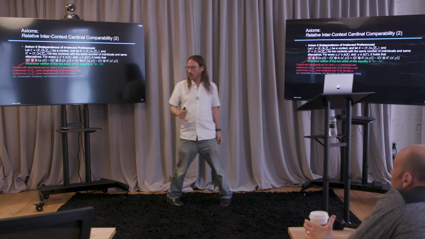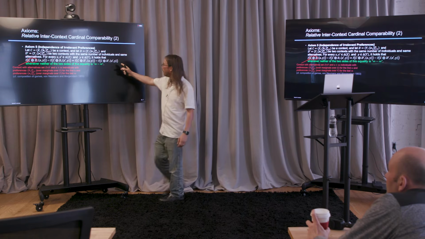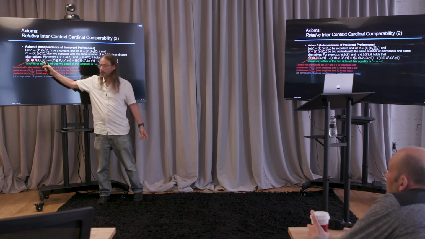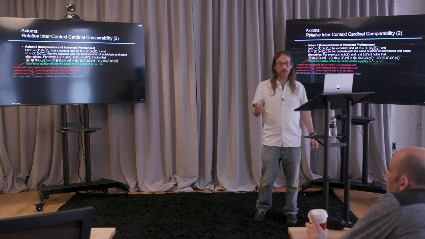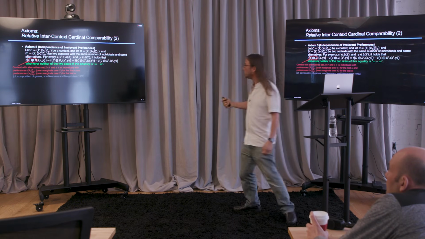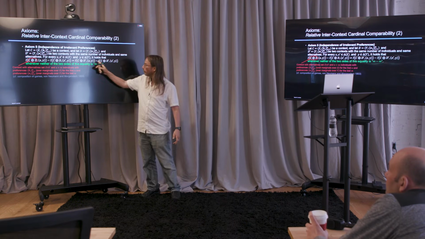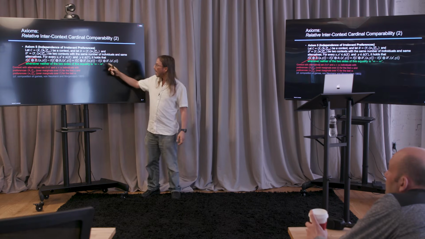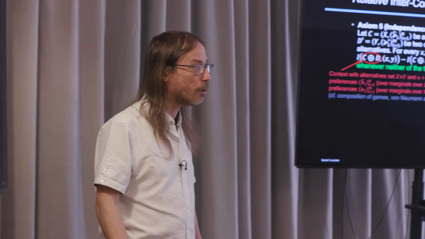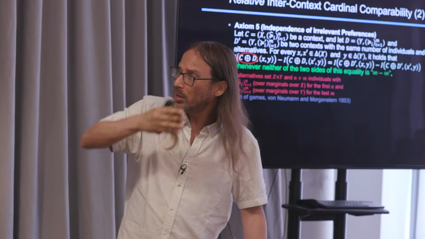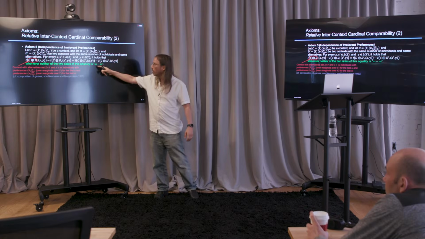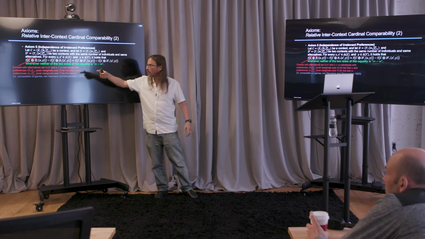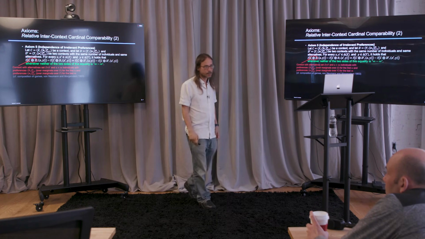These should be the same. What's the idea here? We have not changed the Y component, so preferences over the Y component should not change this difference. We only changed the X component from X to X prime, and the preferences over the X component are the same, so the change in inefficiency should be the same. And again, if one of these sides is infinity minus infinity, this axiom has no bite.